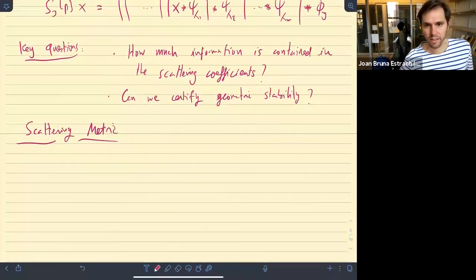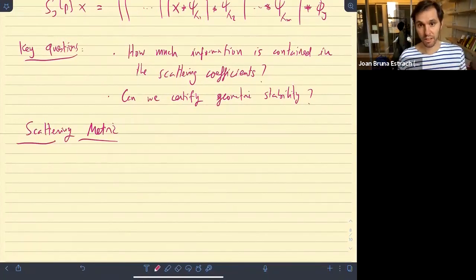Okay, so this has a definition that is, I guess, the most natural. Because we are going from a signal in L2 to a bunch of signals in L2, it's not a Euclidean norm.